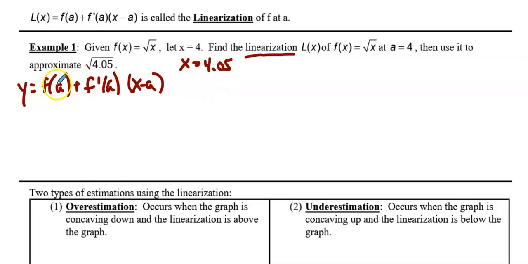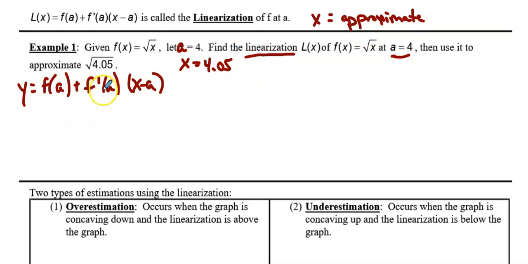We don't know what f of 4.05 is, we're trying to approximate that, but we do know what f of 4 is. So I'm going to rewrite that as a. So a is 4, and again, right here it says it. I don't want you to be confused about that part. Just remember that whatever we're trying to approximate is going to be the x.